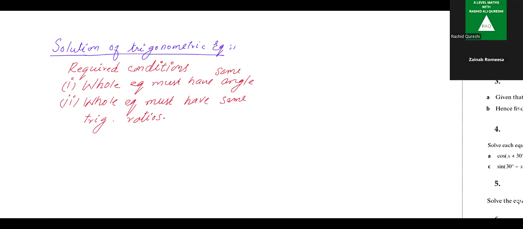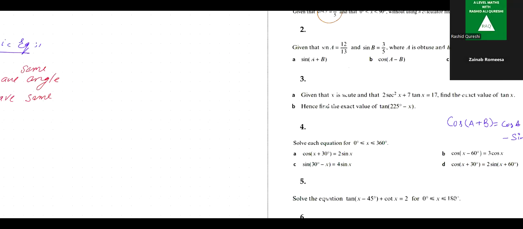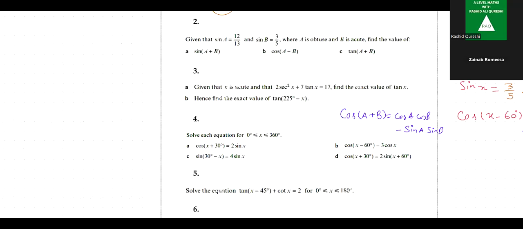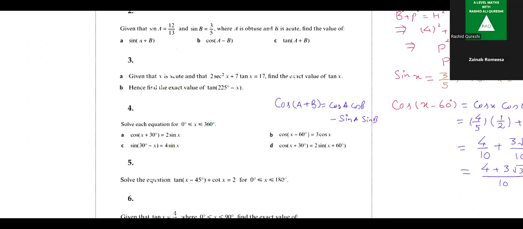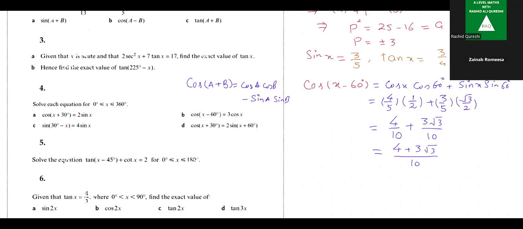So I will start the question number 3 over here. Now this one, the question number 3. So just I will erase something over here.